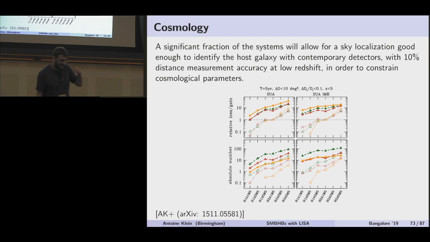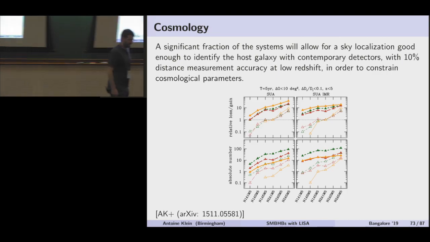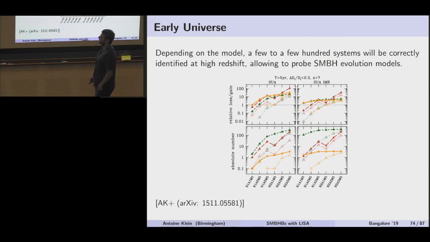You have systems for which you can measure it better than 1%. The closest ones, the loudest ones, you can detect it much better. But at redshift 10, you don't get 10% accuracy.